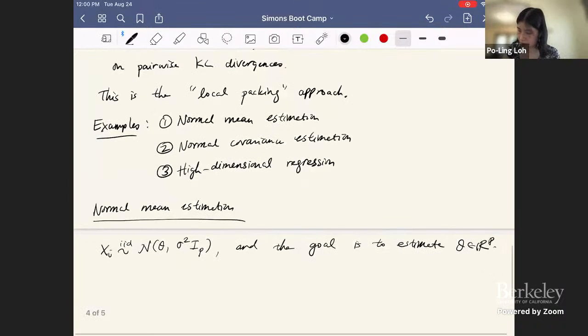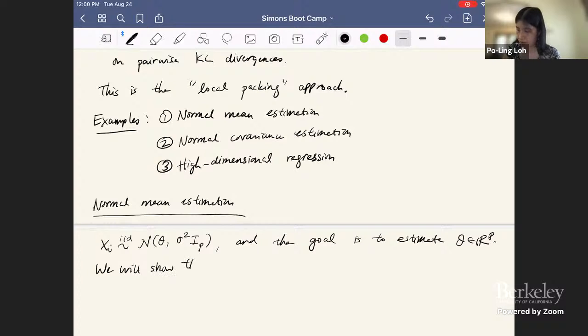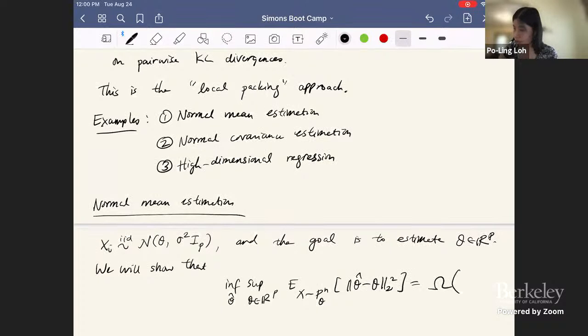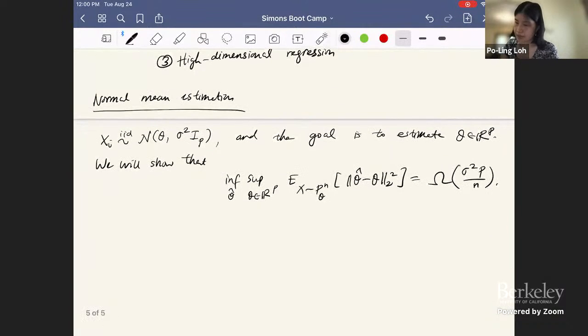So we will show using this method that infimum over theta hat, supremum over theta in R^p, expectation where we have IID data coming from P theta of theta hat minus theta, 2 norm squared, is lower bounded by order sigma squared p over n. And as I said, I'm not going to talk about upper bounds, but a matching upper bound can be obtained just using the empirical mean.